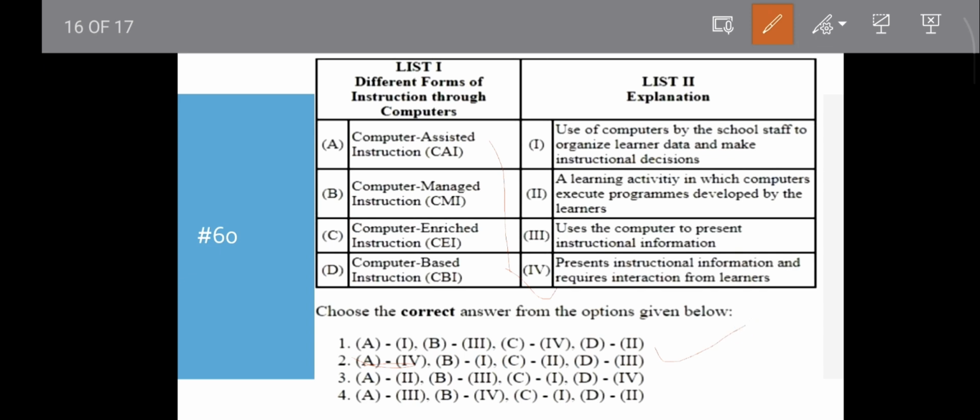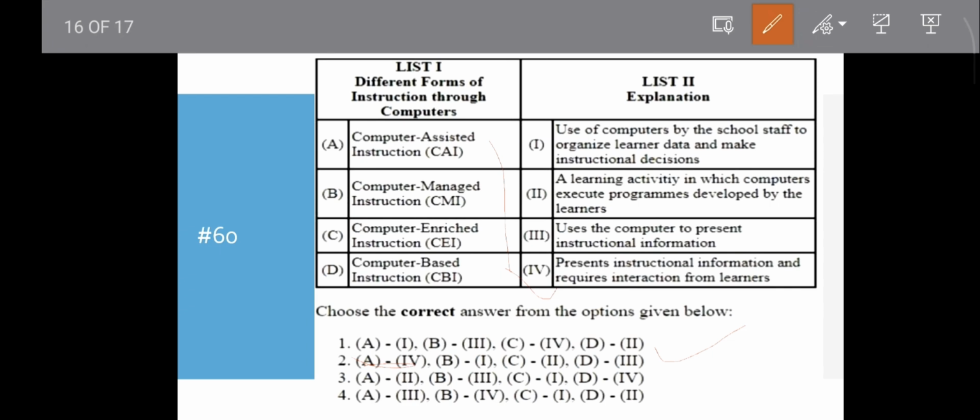Then computer managed instruction is used for administration, record keeping, evaluation and decision making, not direct teaching. So it is the use of computer by the school staff to organize learner data and make instructional decisions.